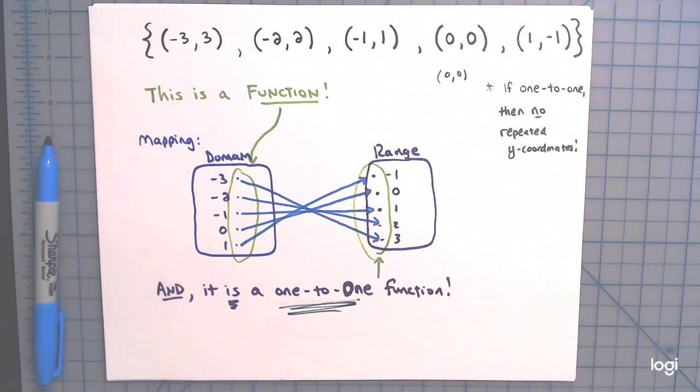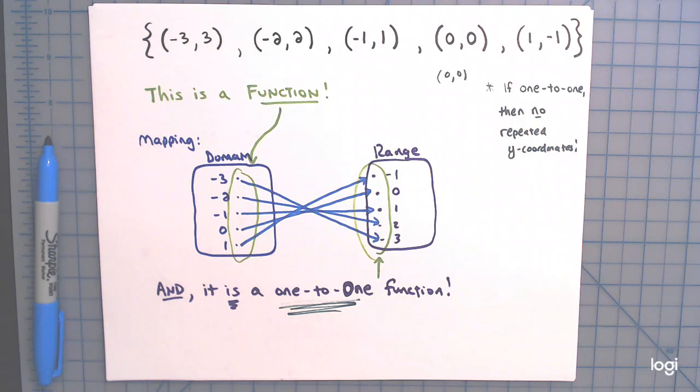Fantastic. Okay, so we've seen examples of functions represented by mappings, these arrow diagrams, and by a set of ordered pairs. Another way to represent functions is with equations and graphs of those equations. So that's what my next couple of examples are on. Now when you're looking at a graph of a function, remember you've seen the vertical line test before.